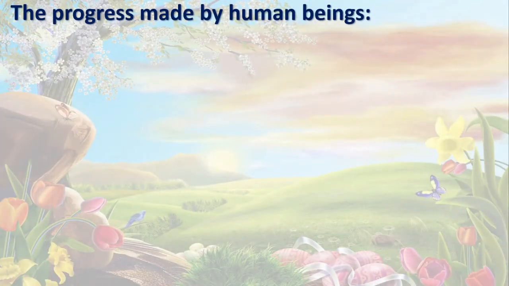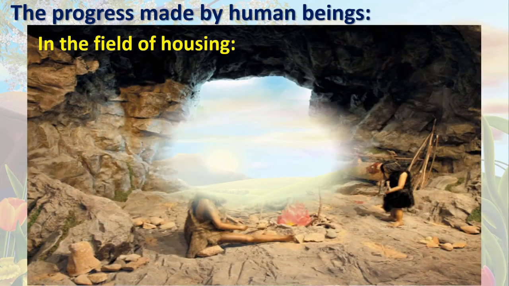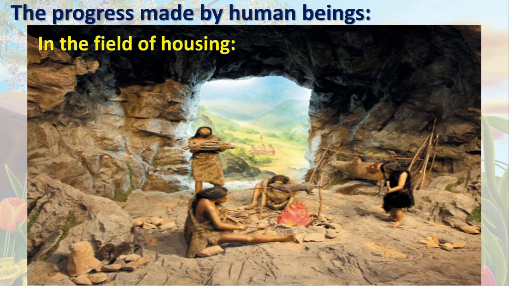Now children, the progress made by human beings in the field of housing, we will go through this. See, dear children, in the Stone Age, he used to live in caves, which were naturally made, right? He used to take shelter under the caves.